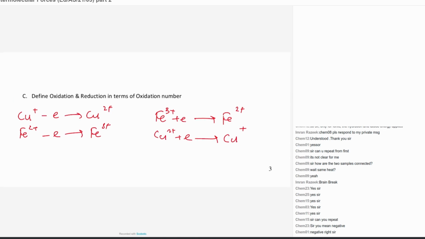Therefore, it is reduction. Copy these two examples: ferric to ferrous, cupric to cuprous.